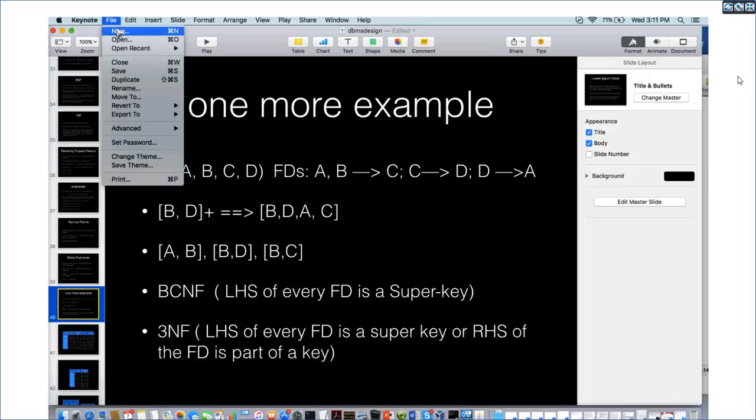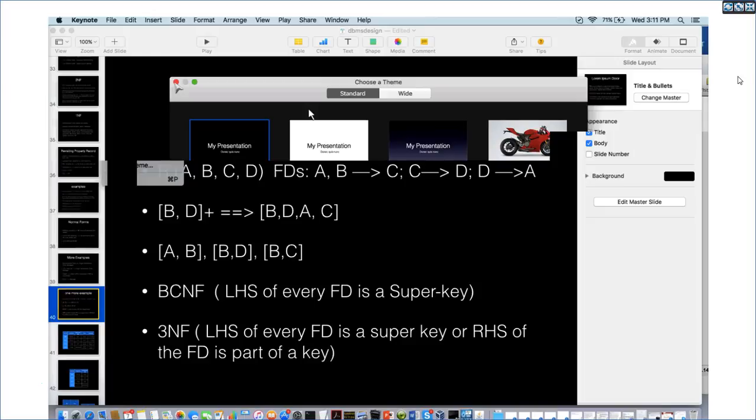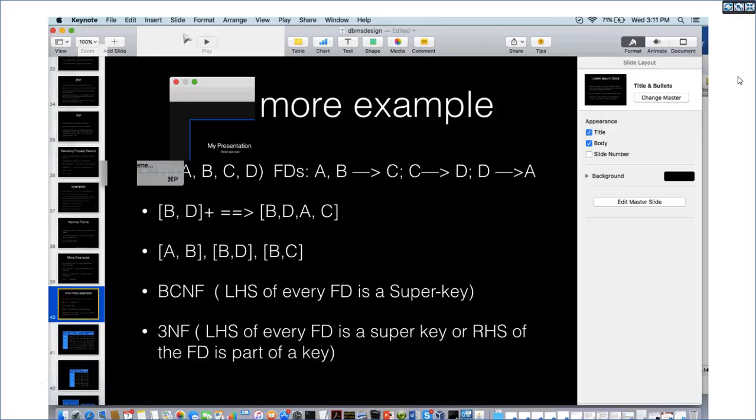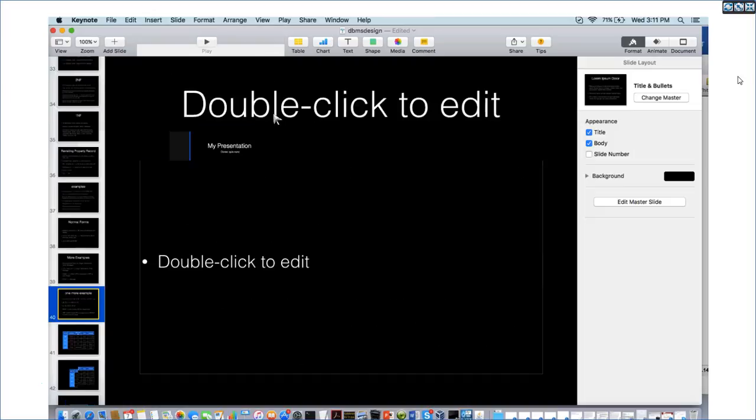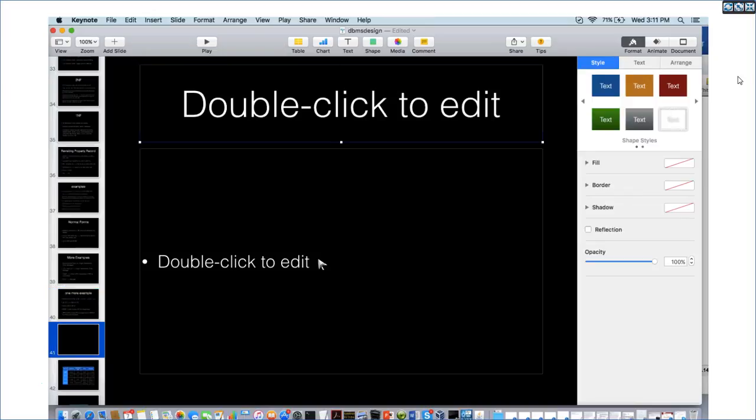Sorry, a board would have made things simple for me. Keynote, insert, slide. Okay. Just take this example. R, A, B, C. This is what I've done.